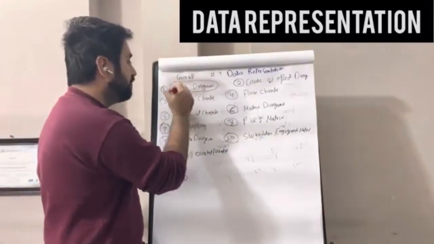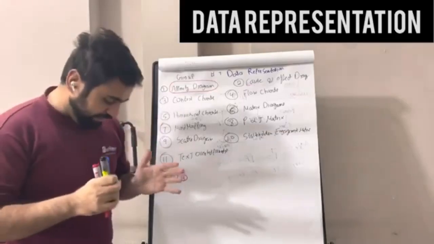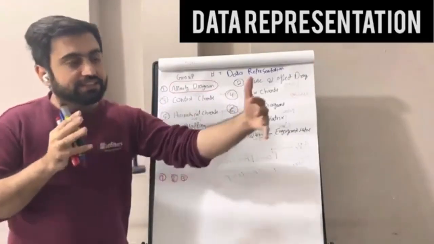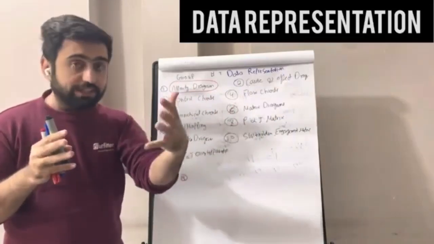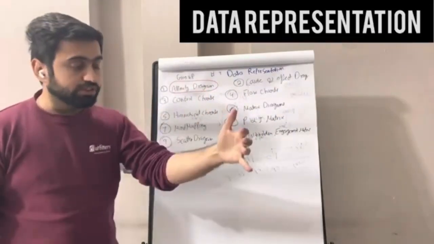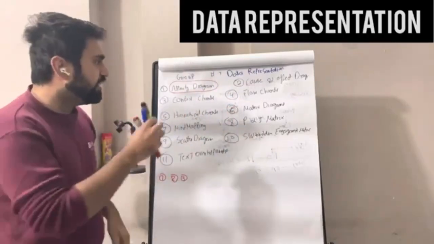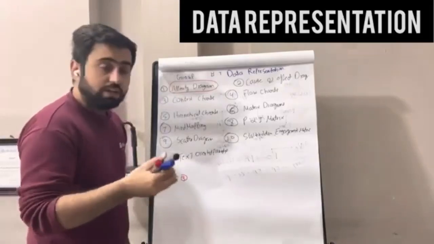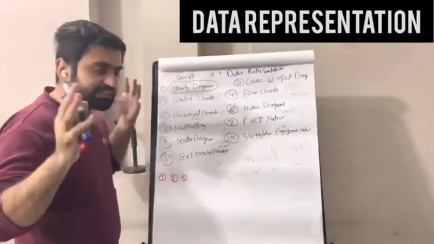Affinity diagram, number one tool and technique. Whenever you see the word affinity, it means categorization of something, like in agile we use t-shirt sizing: small, medium, large. An affinity diagram is used whenever you do brainstorming and ideas are generated and scattered all over.